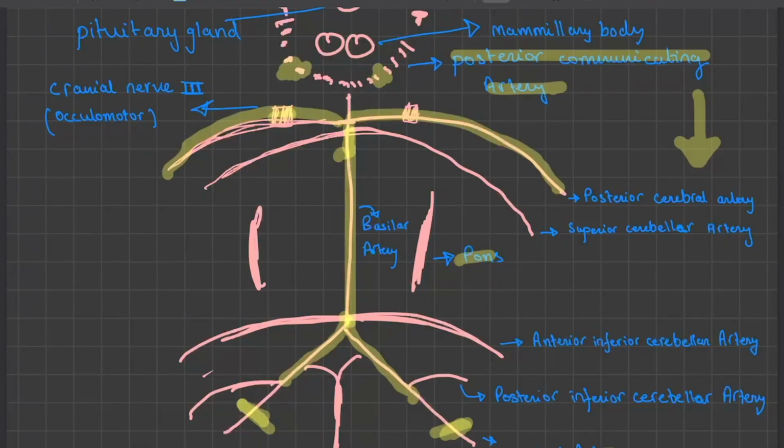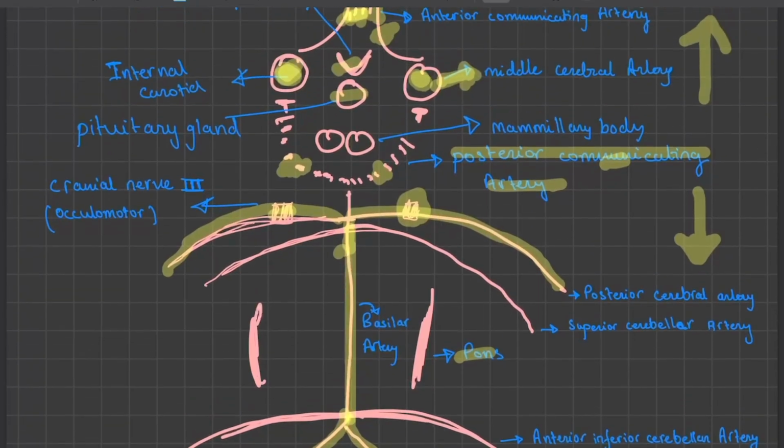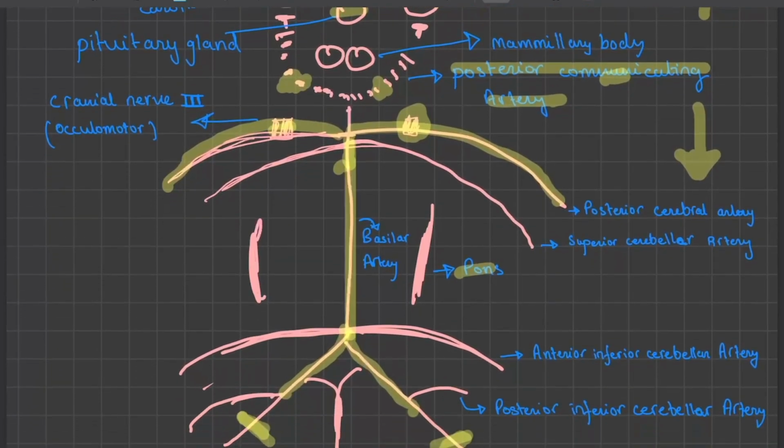And in between the posterior cerebral arteries and the posterior communicating arteries, we have cranial nerve 3 right over here, the oculomotor nerve, right? So far we have covered the posterior communicating artery, which is connecting the anterior supply to the posterior supply of the Circle of Willis. Then we have the posterior cerebral artery, which is the splitting off of the basilar artery into the two.